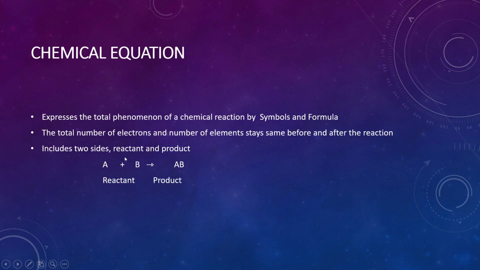The total number of elements, that means how many atoms are participating in a reaction, is the same. Here one atom of A and one atom of B are participating, and it's making the product AB. So here the total number of elements is the same on the left side and the right side. It should be maintained.